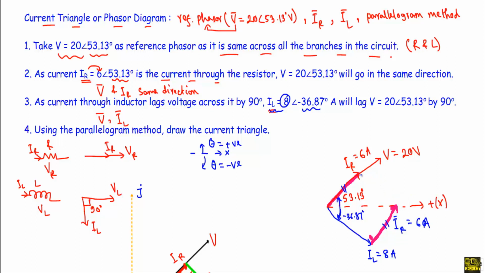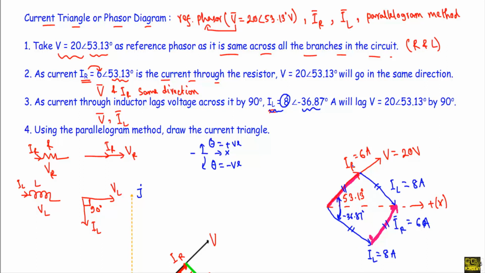Similarly, I can draw an equal vector from this point, and that equal vector will be the IL vector. That means it will have the same magnitude as the current IL and it will be in parallel with this IL, going in the same direction as this IL.